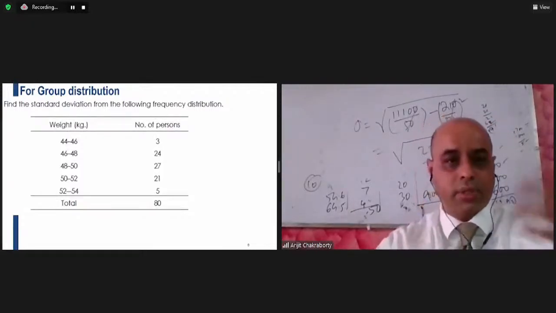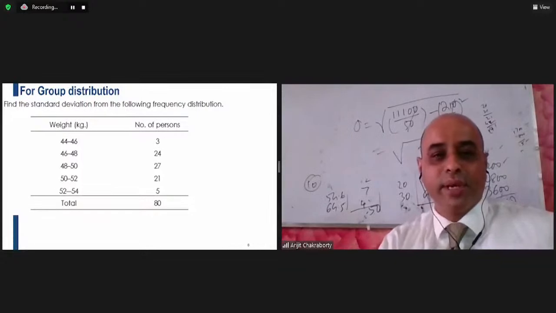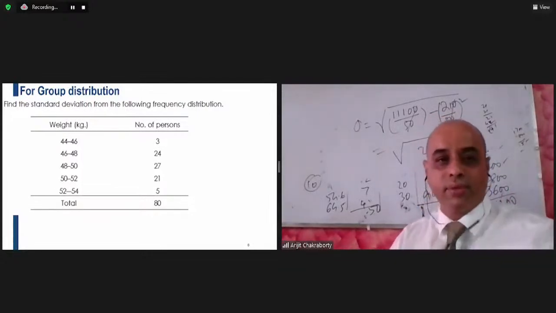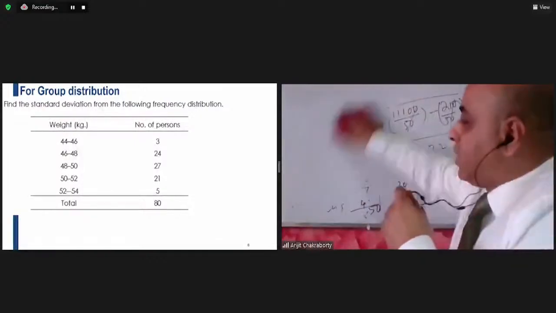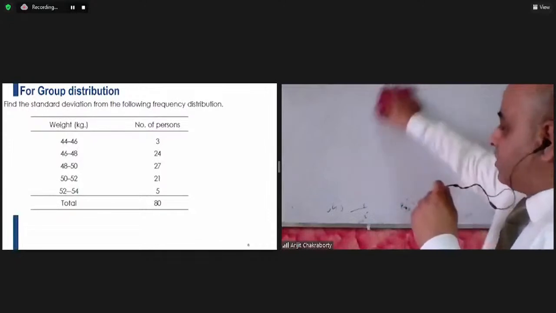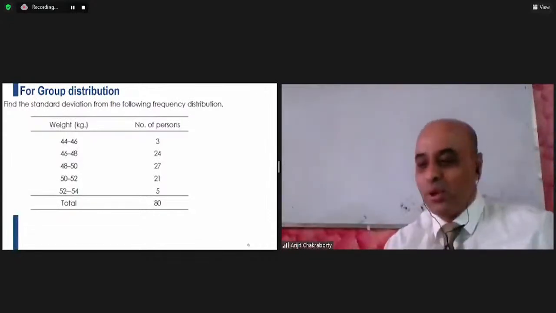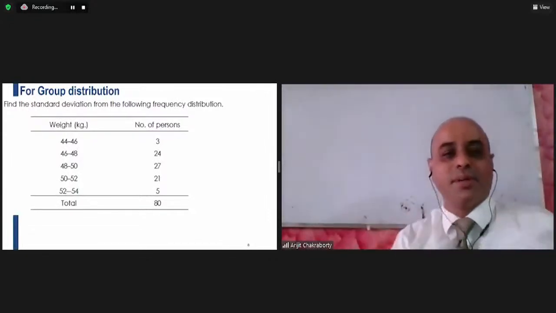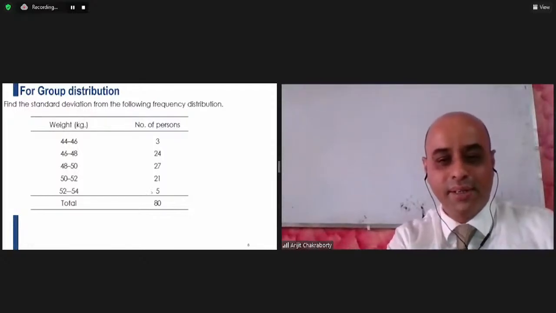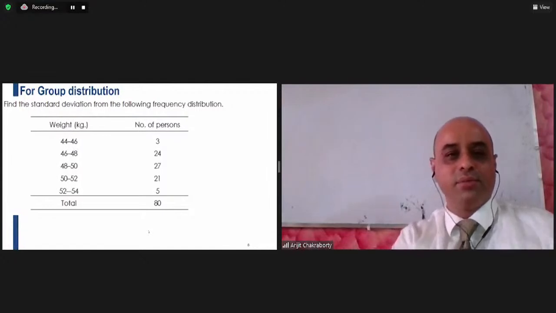This is the toughest type of question which can be expected from this chapter, as per our curriculum in foundation. So here we have the last category. It is the most complicated, if you call it complicated at all. The problem looks bigger, but we will simplify it and solve it in steps.